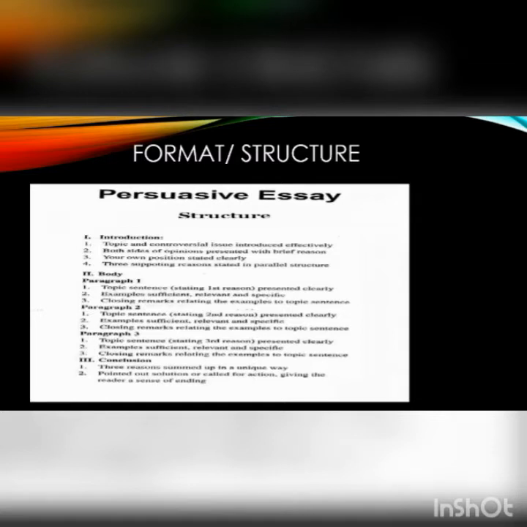In the introduction, you mostly write a thesis statement and introductory statement so that the reader could understand clearly about the topic. You discuss the topic, and in the body you give examples that can be real life examples as well. And in conclusion, you give suggestions or you pledge the reader.